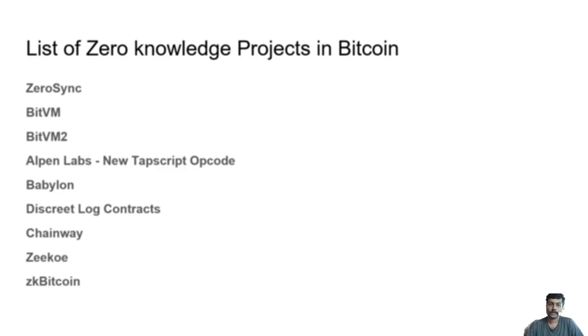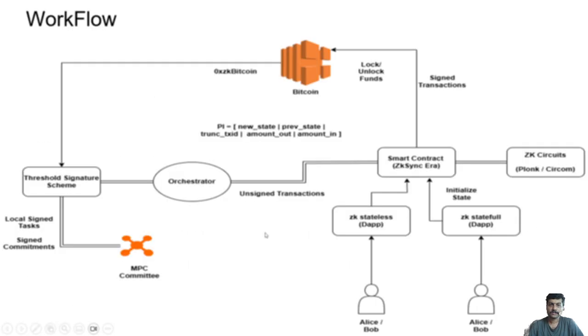So without much hassle, the oracles will be able to submit the data, and the communication happens perfectly using the discrete log contracts. And Chainway, ZKOI, these are all layer 2 protocols which use zero knowledge proofs, and ZK Bitcoin is the main one which is using the ZK proof, and also the MPC committee here. So that's how it is.